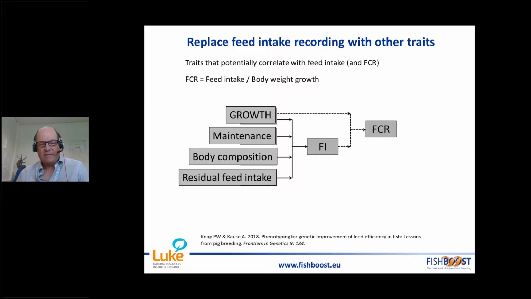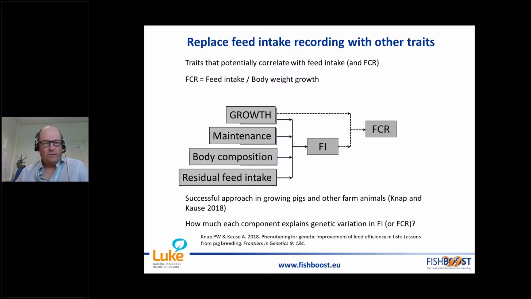So it's the unexplained variation in the feed intake. If we have recording errors, for example, for maintenance costs, it may contain parts of the maintenance costs. And this approach has been successful, for example, in growing pigs and also other farm animals.